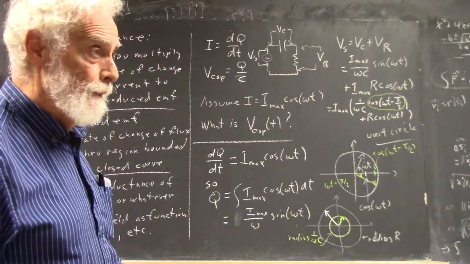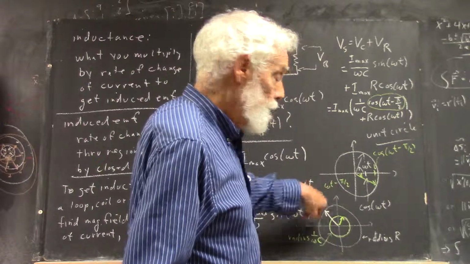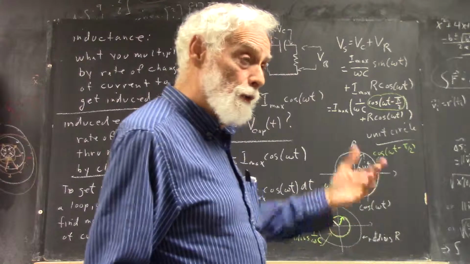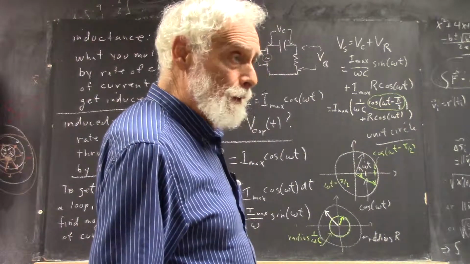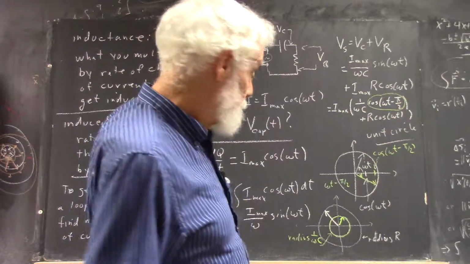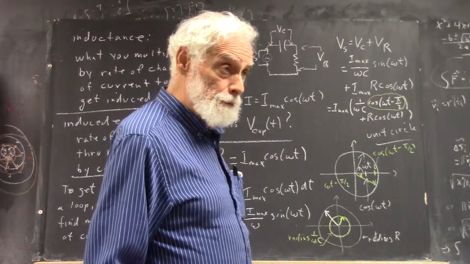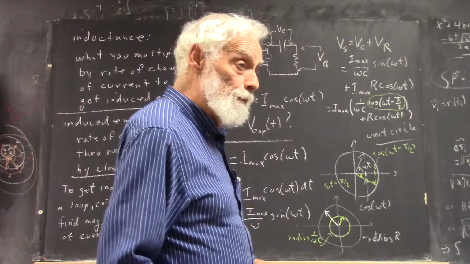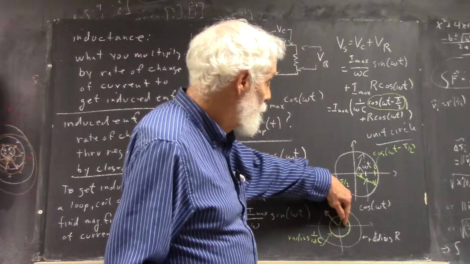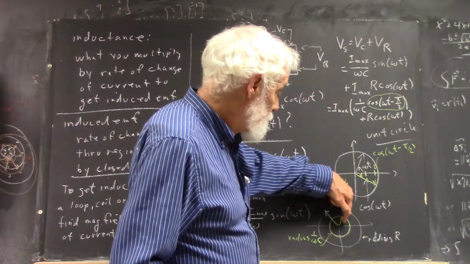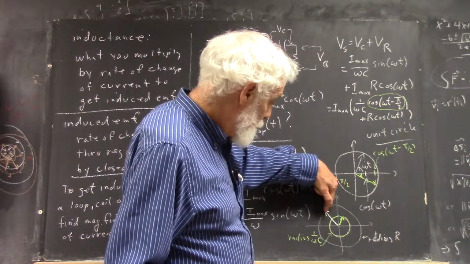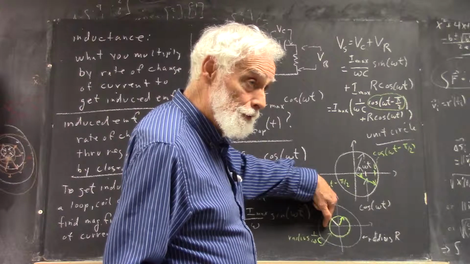Okay? Now, as these things go around the circle with a frequency of omega over 2 pi, omega being the angular frequency, I'm going to have a voltage across the capacitor, which is going to be like this point on the axis, and a voltage across the resistor, which would be like this point on the axis.